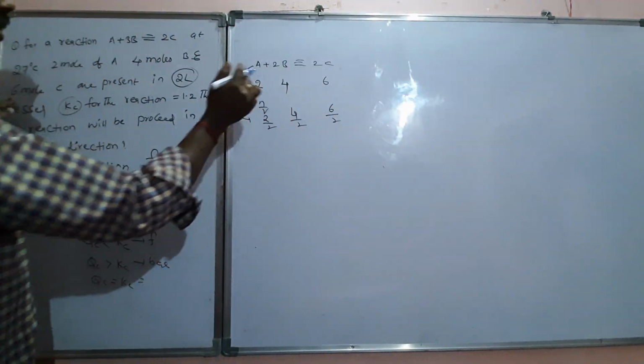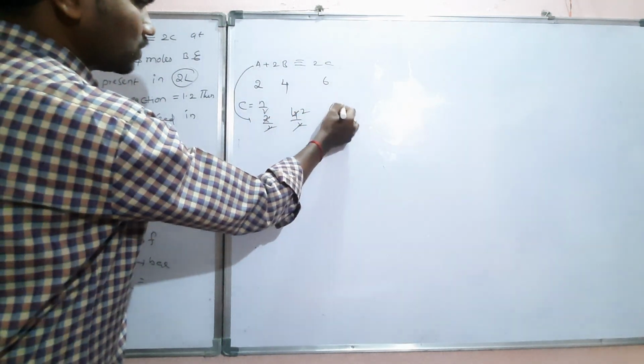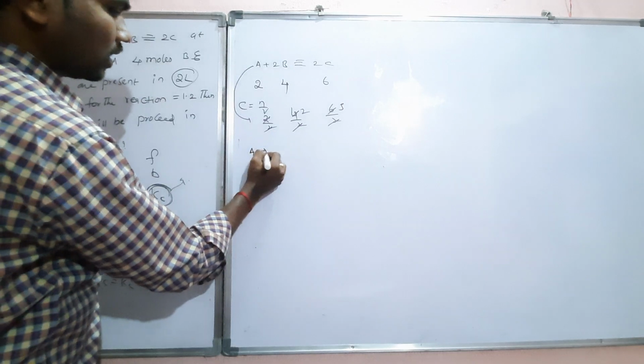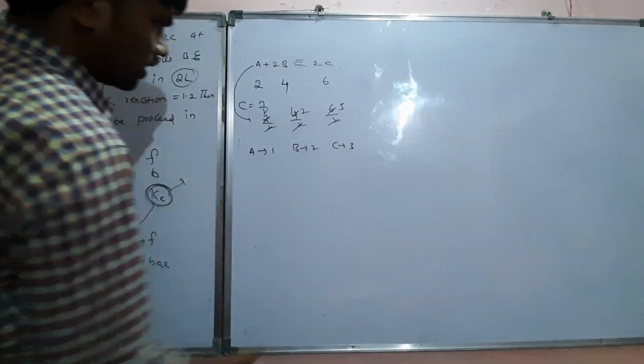So A concentration is 1, B concentration is 2, and C concentration is 3.